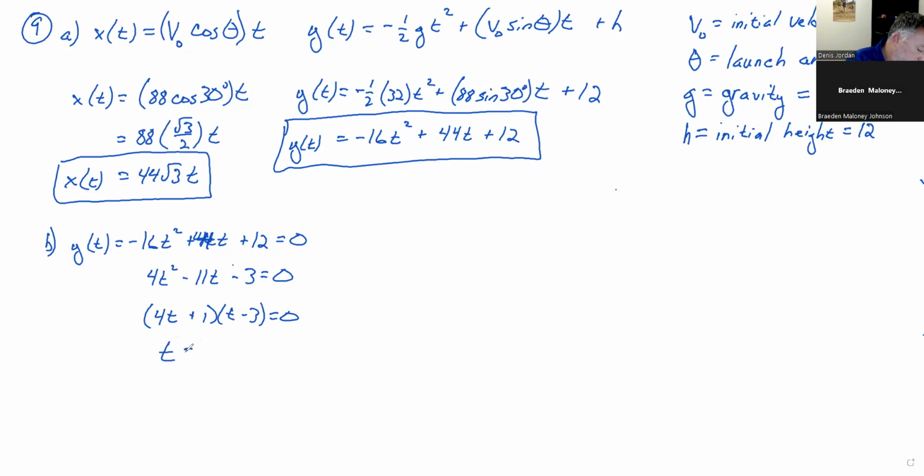So you're going to get two time values. The first one is -1/4, and then the second one is 3. So you want to go with the positive answer. So 3 seconds.